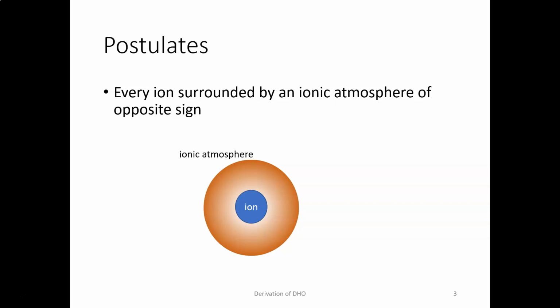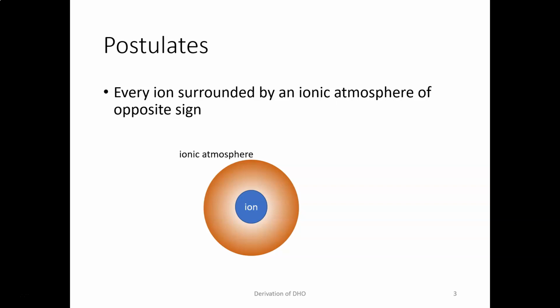If you are considering a positive ion as the central ion, you cannot say only negative ions are present around it, because due to thermal motion there can be positive as well as negative ions. But when you consider the time average, a majority of the ions present around that positive ion would be negatively charged.